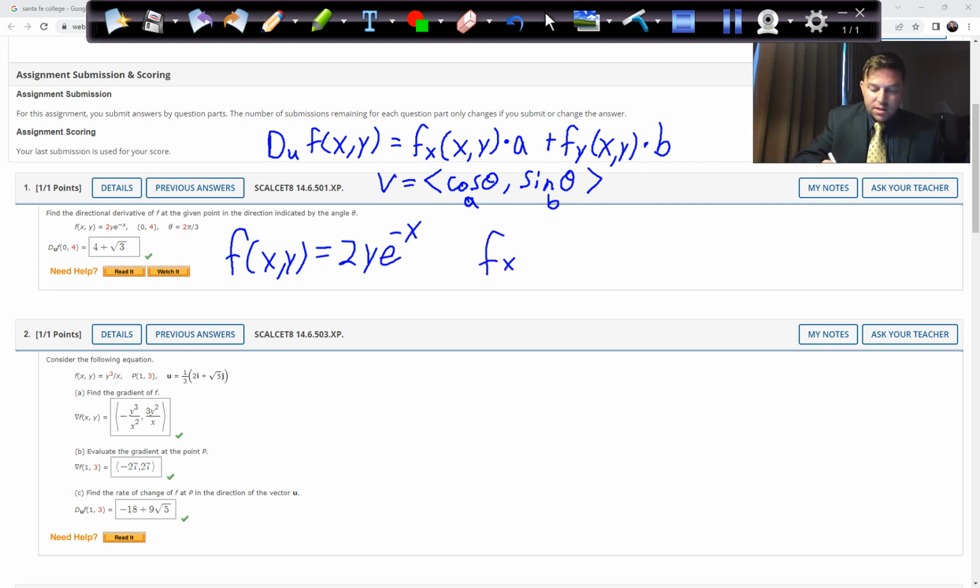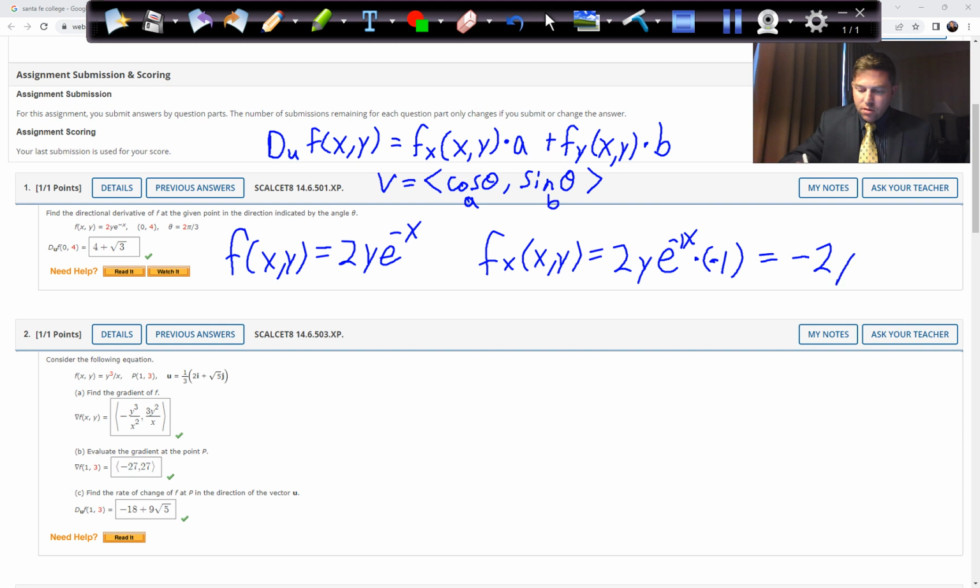So f_x is going to equal, if we're doing the partial of f with respect to x, everything other than x is a constant, so 2y will stick around. The derivative of e to the minus x is, you just have to bring this minus 1 down. So it's minus 1 times that stuff, and minus 1 times 2 is minus 2y e to the minus x.